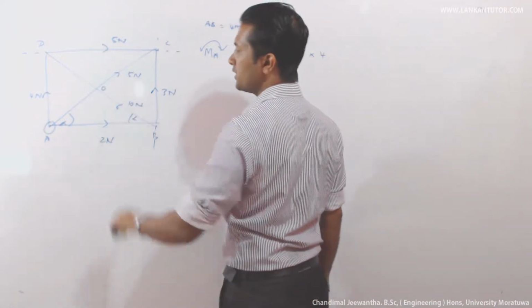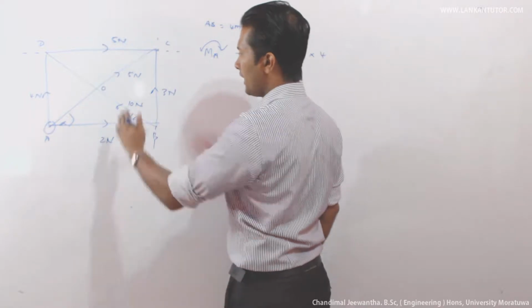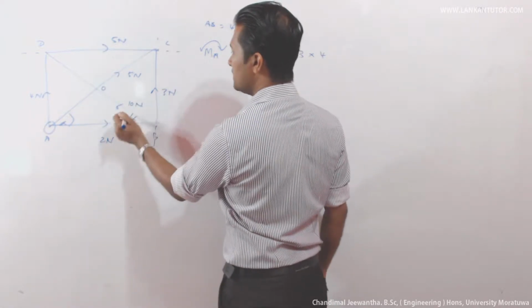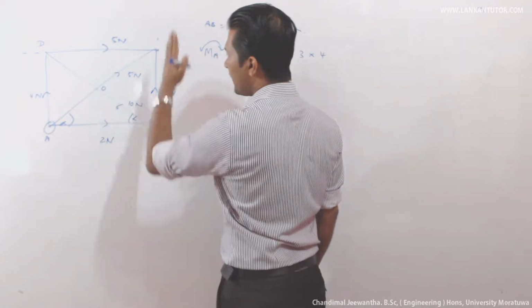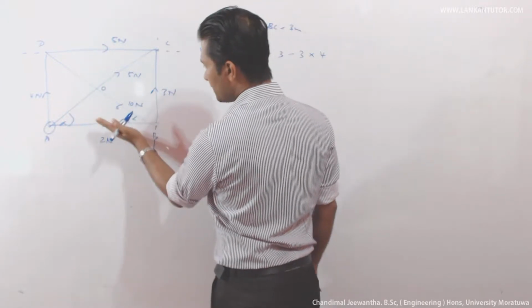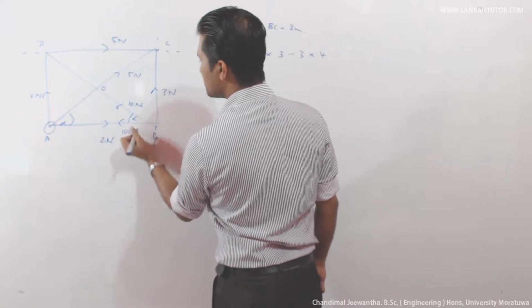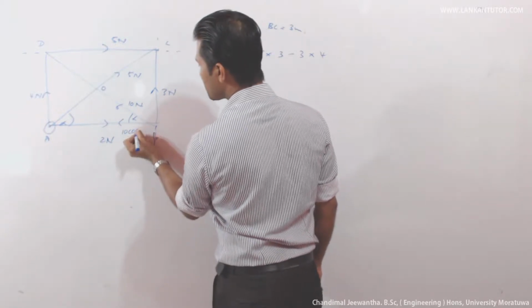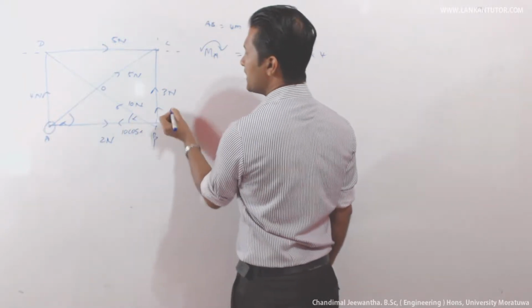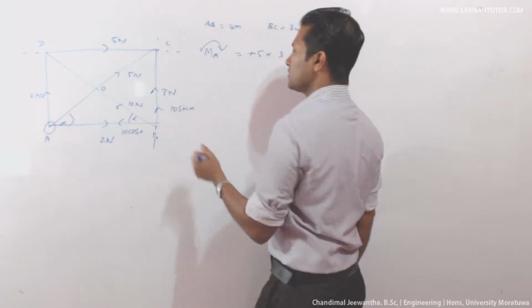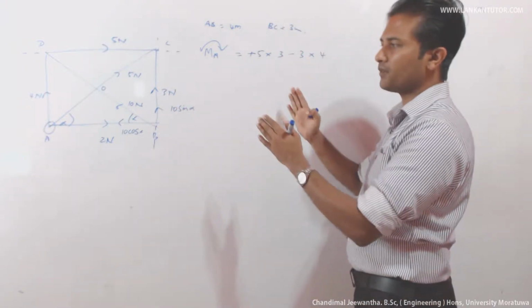What else is to be considered? The 10 newtons. So get the components of 10 newtons along BA and BC. The component along BA is 10 cos alpha, and the other is 10 sin alpha. What would be the considered one?